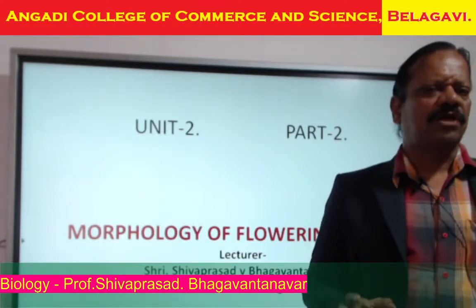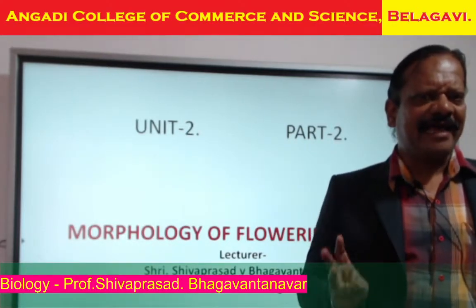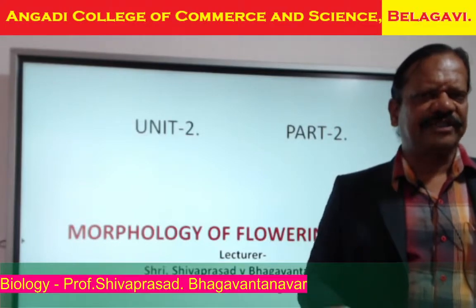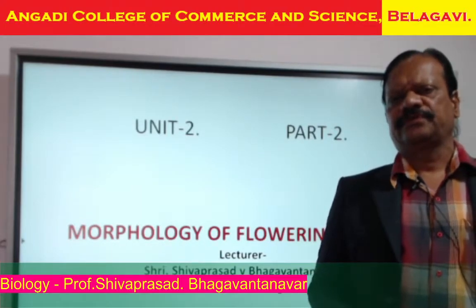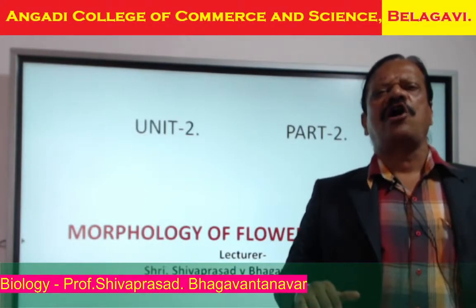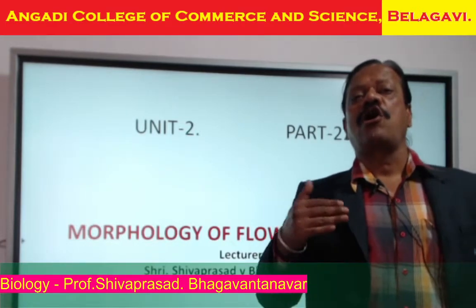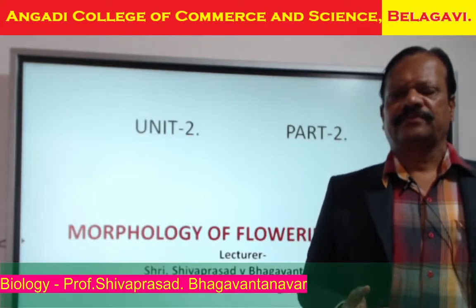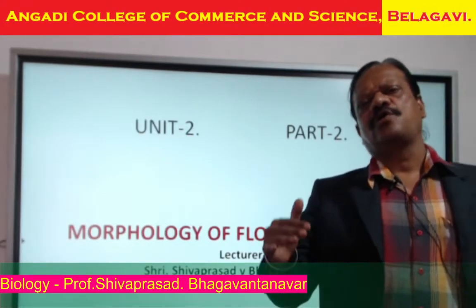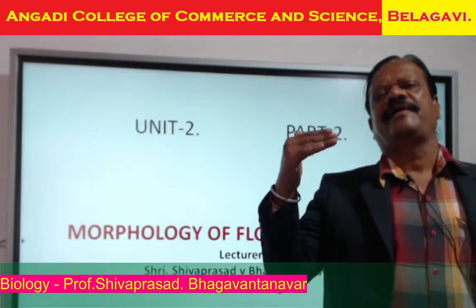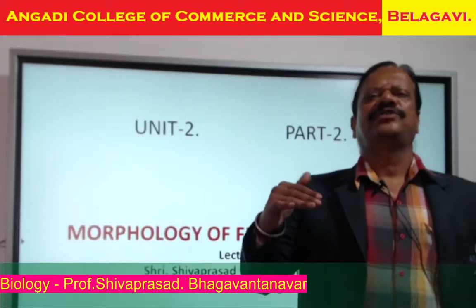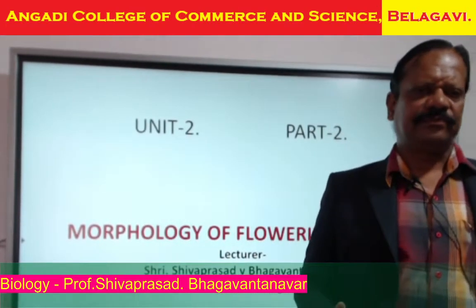So what all it is required? Calyx, corolla, androecium, gynoecium. Now calyx is also called as a sepal. Corolla is also called as a petal. Androecium is nothing but a stamen, gynoecium is nothing but a pistil.